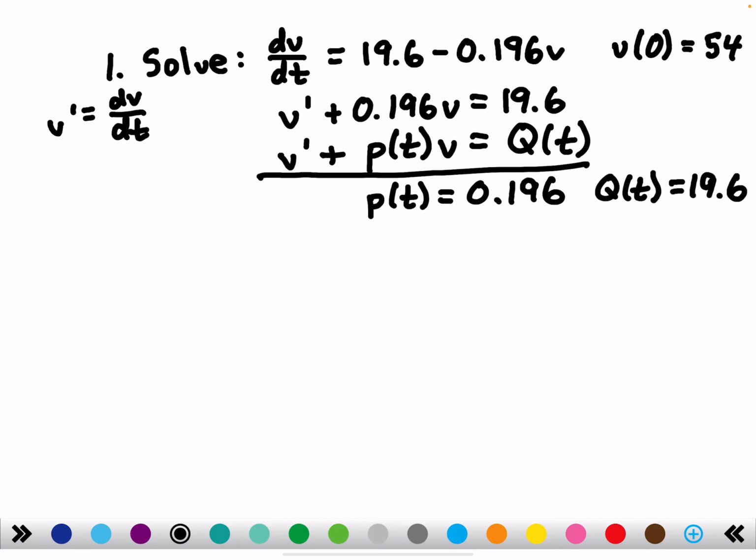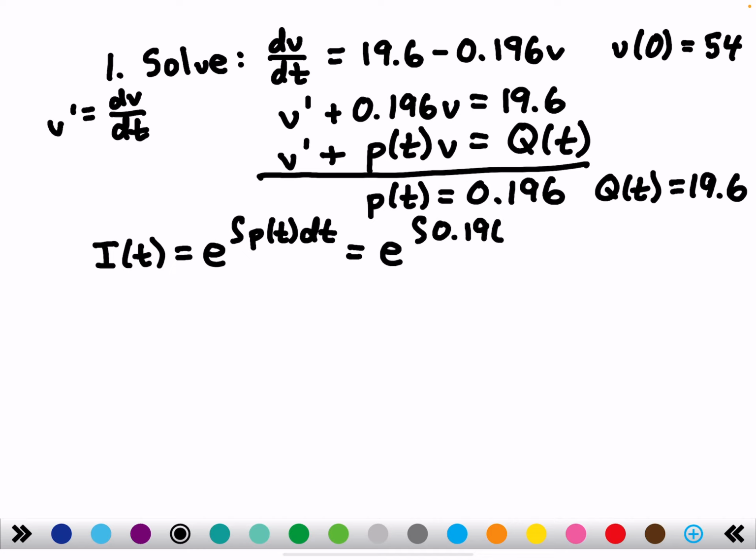And continuing on in our process to solve, we need to find the integrating factor I sub t, and that's equal to e to the power of the integral of p sub t dt. This would be e to the power of the integral of 0.196 dt, which will give us e to the 0.196 t.